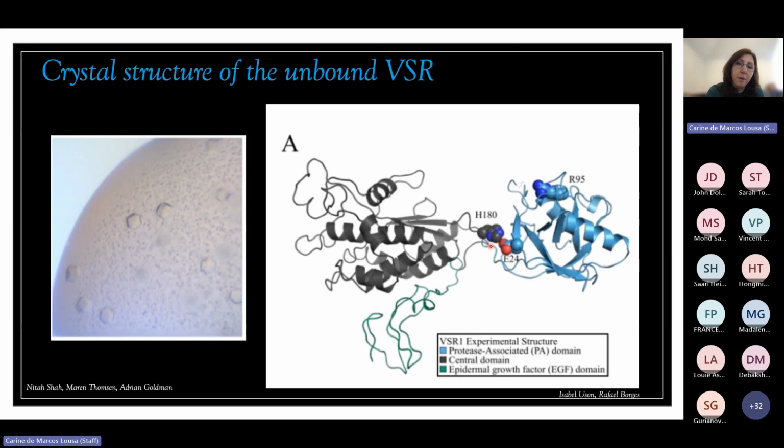Here you have some amino acids that are relevant for things I'm going to say later: arginine 95, which has been identified as important for cargo binding, and a histidine and another amino acid that are supposed to form salt bridges.